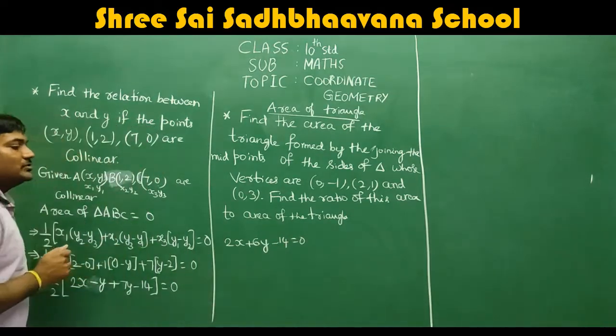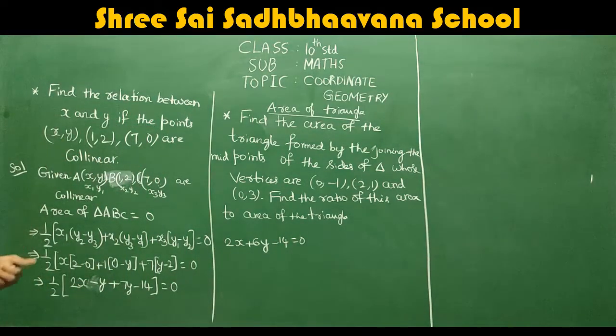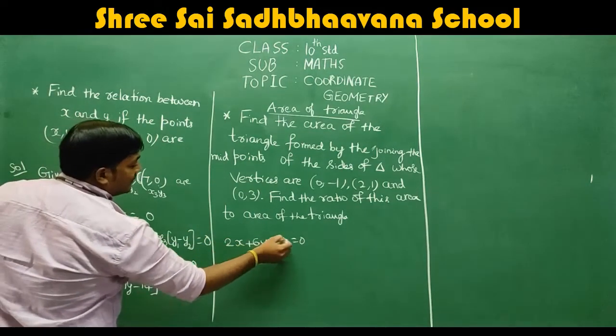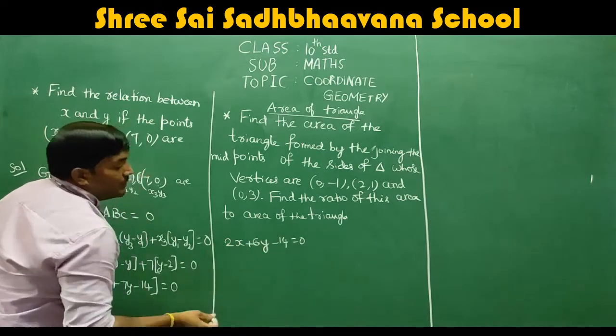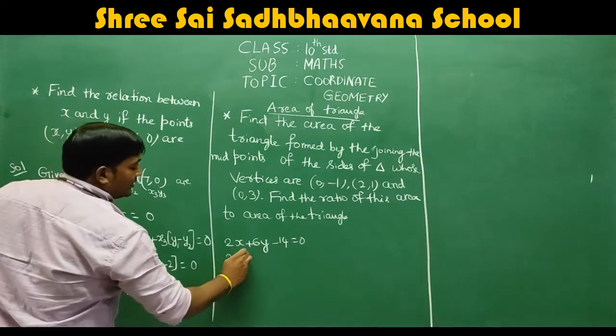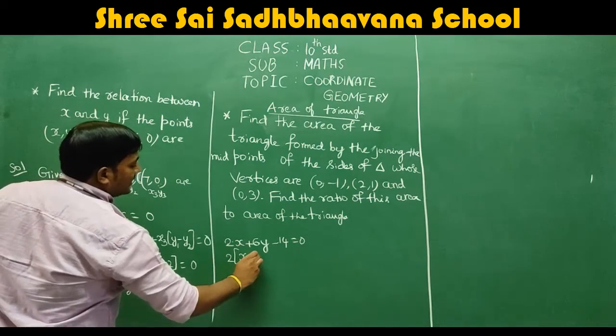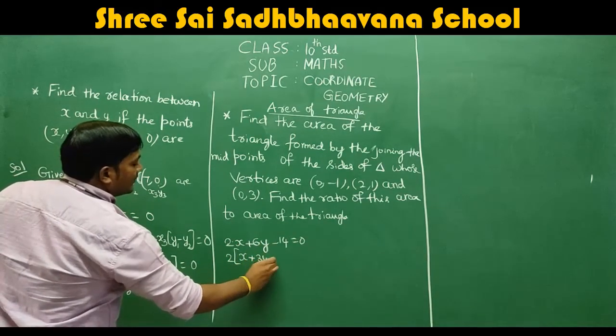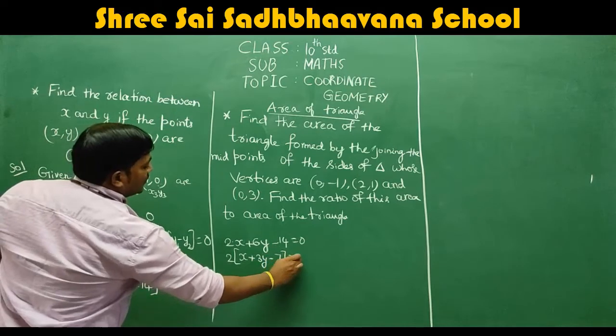And here you just check, we can take any term or number common from this linear equation. You can observe here 2, here 6, here 14. All are multiples of 2. So now take 2 common. So x will be there, here 3y will be there, minus 7 is equal to 0.